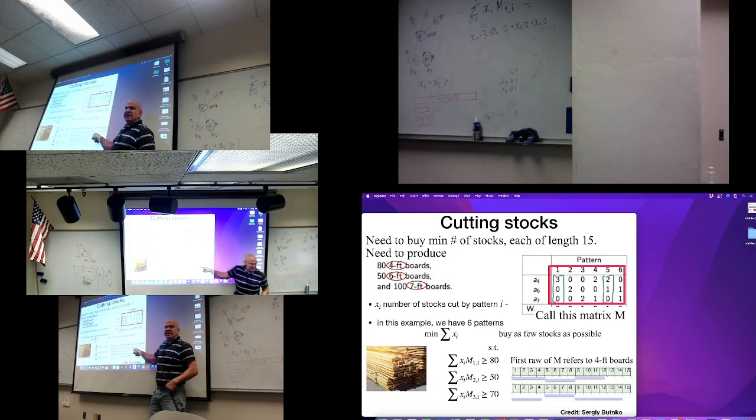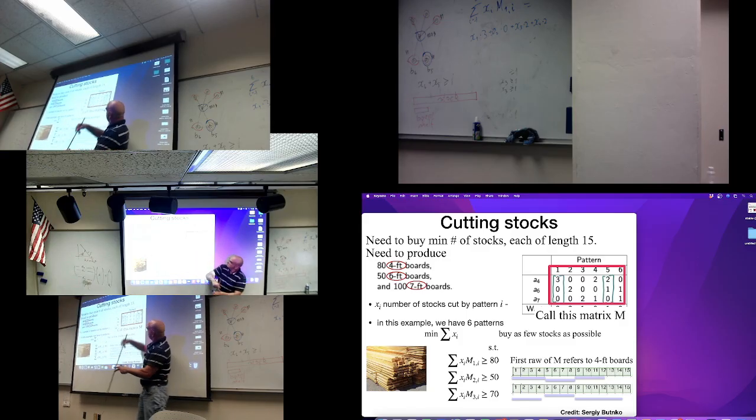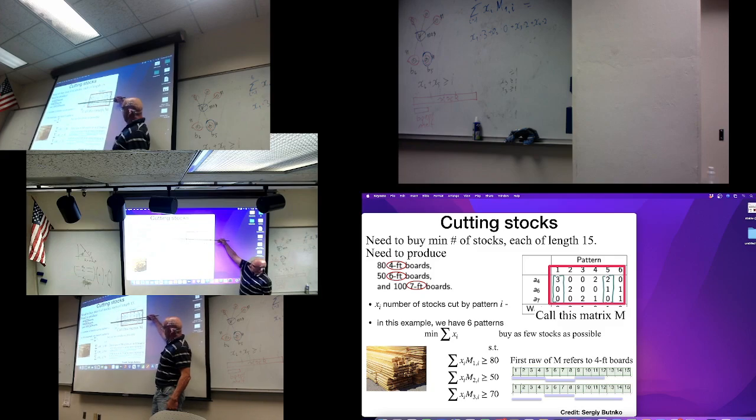Similarly, for the same Xi's, that tells me how many units I get according to the same set of patterns of length 6. How many units of length 6 do I get?